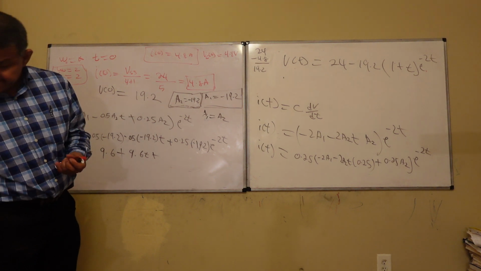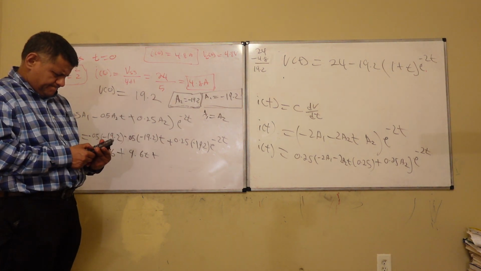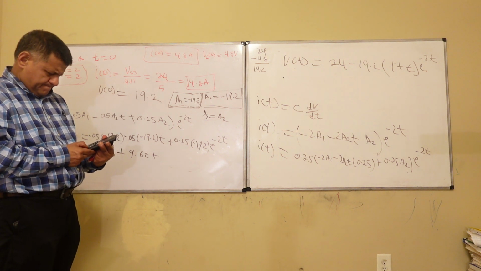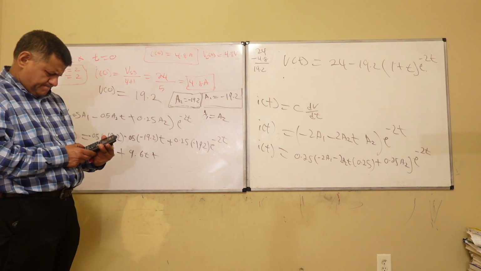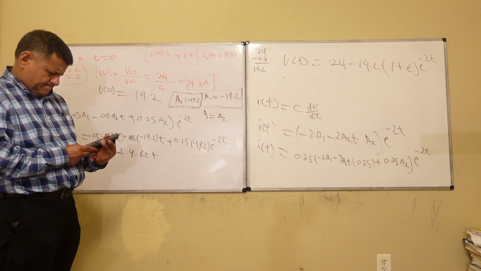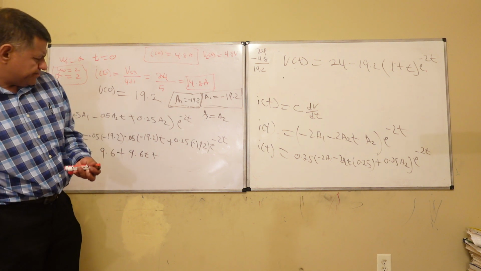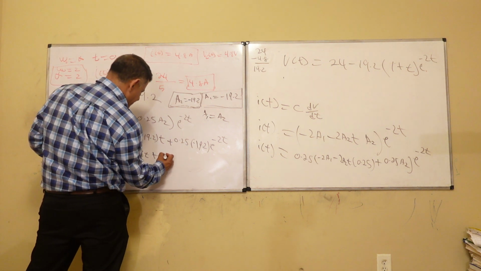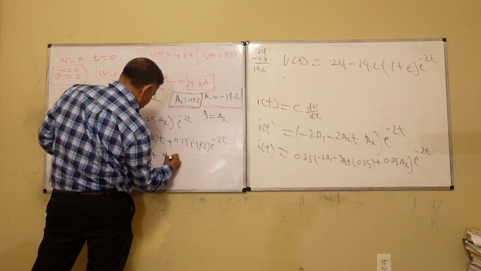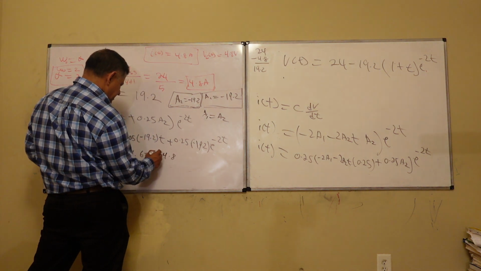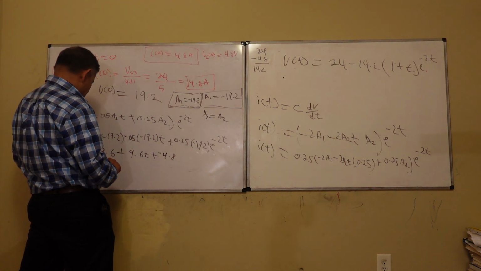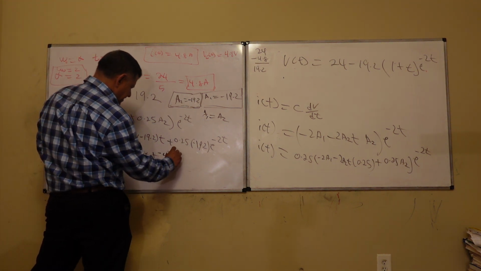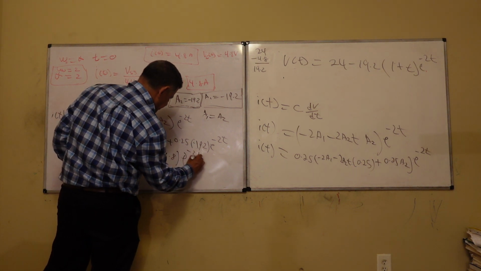Let's see, 4.8. So this guy right here is 4.8 and is negative. This guy is negative, and then this e to the 2t.